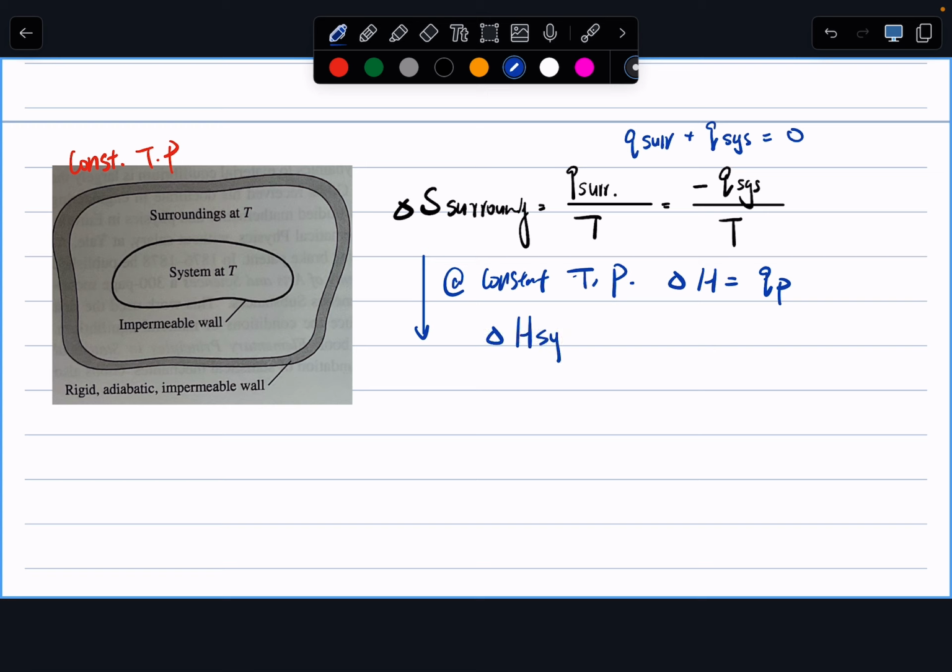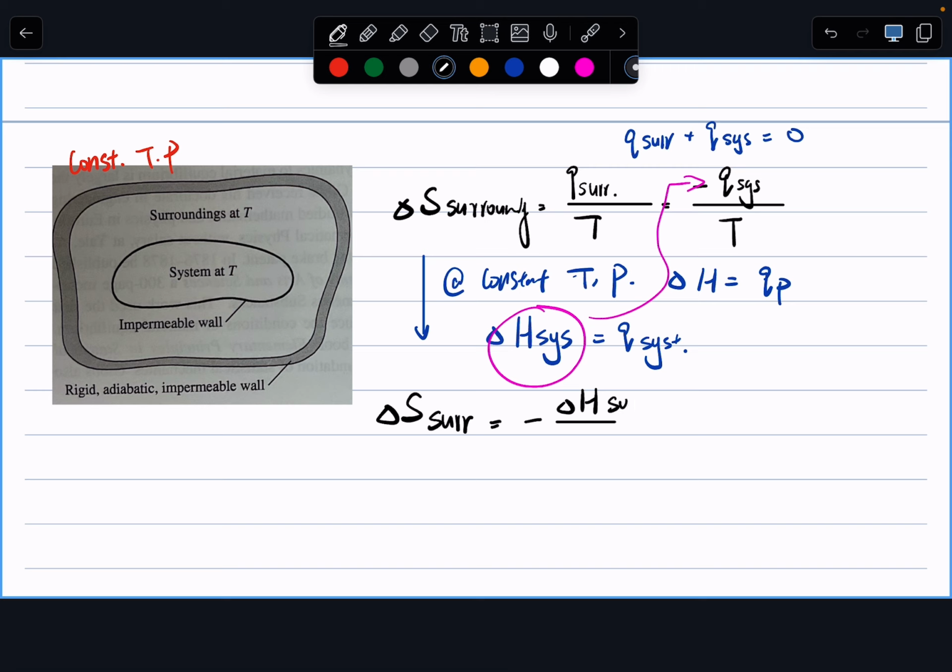So my delta H of the system equals the heat transfer of the system. Or the other way to put it, if I put this back into here, we can say my delta S surrounding equals negative delta H of the system over temperature.